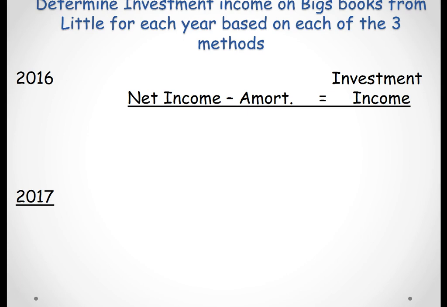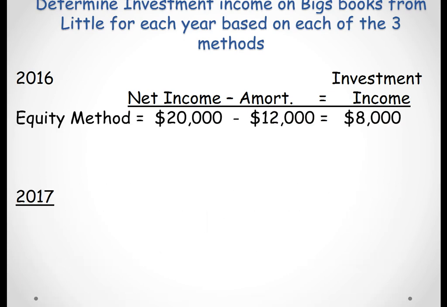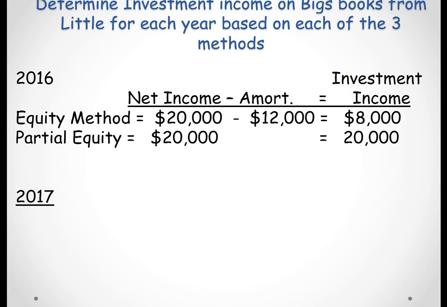Determine investment income on Big's books from Little for each year based on each of the 3 methods. All right, equity method. The net income minus the amortization equals $8,000. Under the partial equity method, we show $20,000 because we don't adjust for amortization.